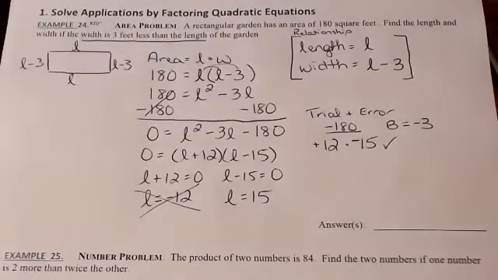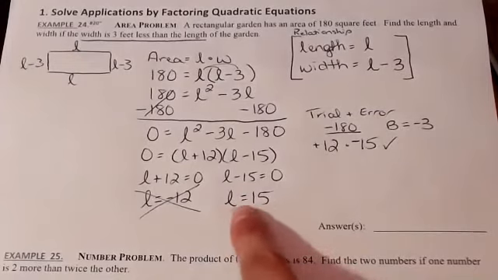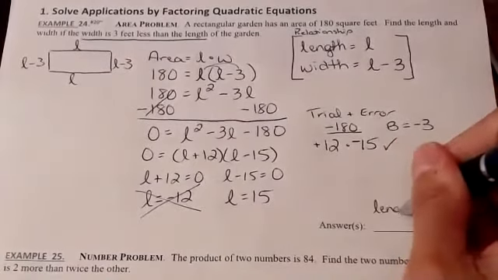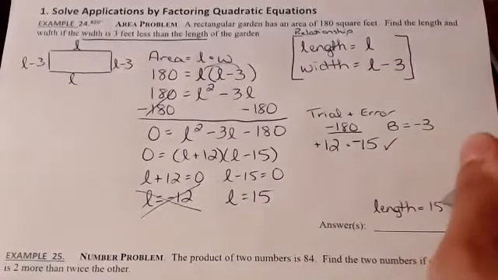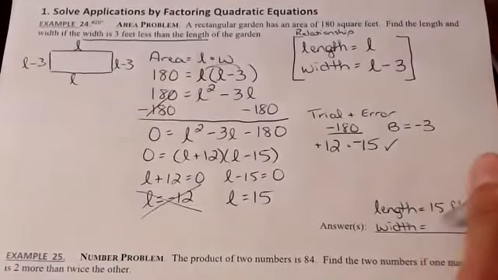All we're being asked in this particular problem is to find the length and the width. So Kim, given this piece of information right here, what can you tell me about the length and the width? What is the length and what's the width? The length is 15 feet. Beautiful. And then the width is 12 feet.